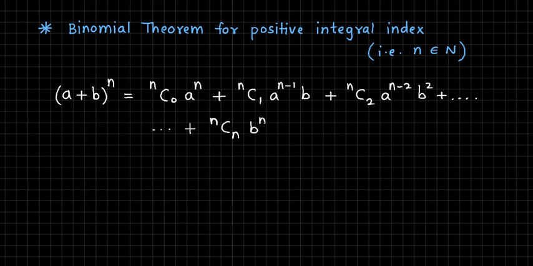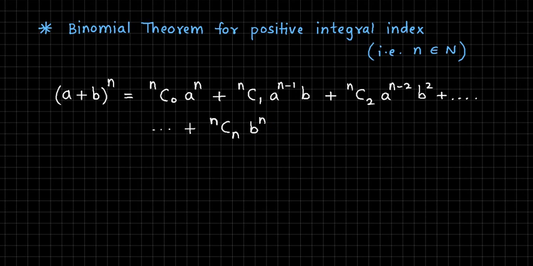Then moving on, we have nC2, the power of A reduces by 1, whereas the power of B increases by 1, so B becomes B squared and A reduces to A raised to n minus 2, and so on, till the last term. The last coefficient would be nCn, and B will be raised to the highest power n, and there will not be any A term visible in the last term. So this is the statement of the binomial theorem for positive integral index.